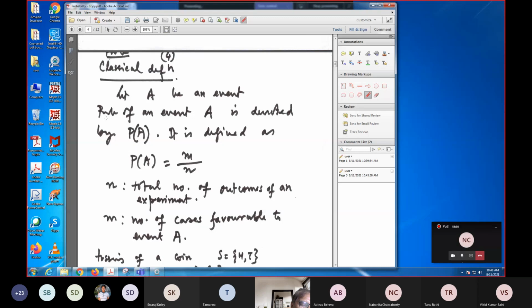So first thing is that probability of event A, because we cannot write all the times a long wording, the probability of event A. Okay, in shortcut we denote by P of A, and later on you will see in the geometric definition what is the meaning of this P of A. Basically it is nothing but a set function, and if you go further in detail in the measure theoretic approach, then you will find this is nothing but a measure. So we have another concept of defining the probability, which we call the measure theoretic approach.